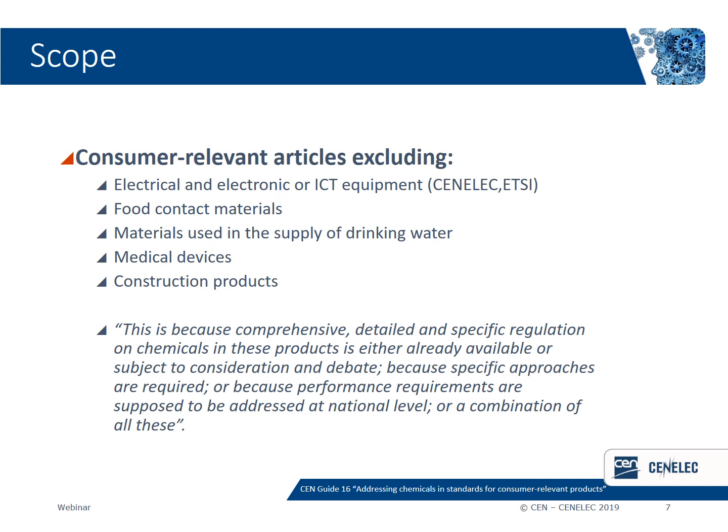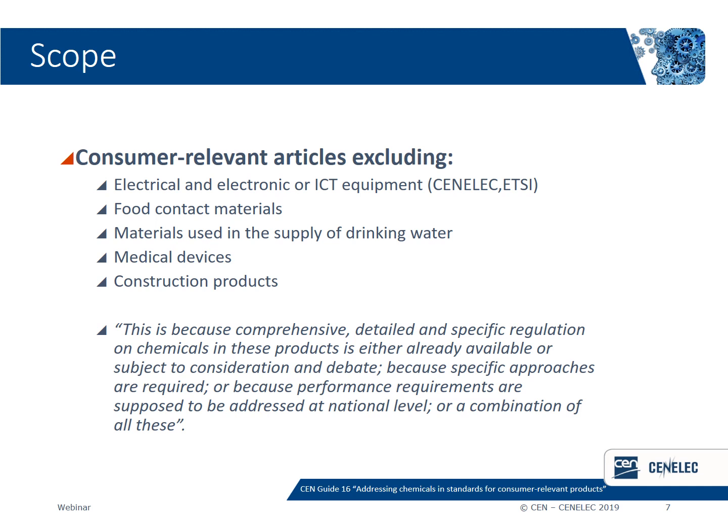Some consumer relevant articles are excluded from the scope of Guide 16. Electrical and electronic or ICT equipment, simply because this is not in the scope of CEN. Food contact materials, materials used in the supply of drinking water, medical devices, construction products.